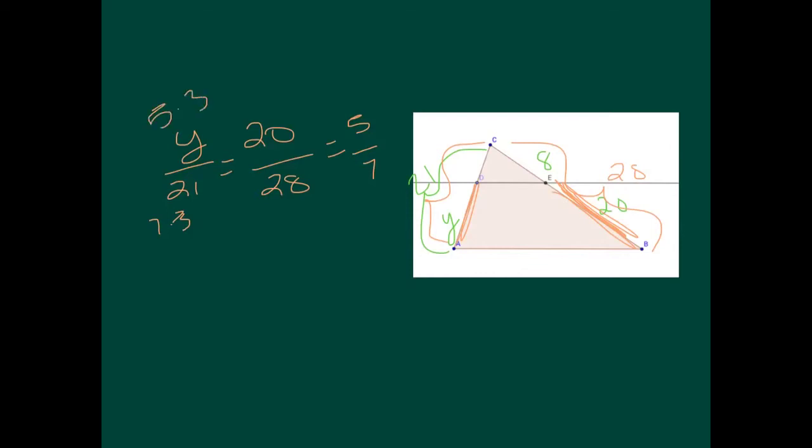First off, figure out that the whole side over here is 28, and then I have y over 21 is equal to, I need to use this corresponding part, 20 to 28. So then I can reduce. I know that this is 7 times 3, so we must have 5 times 3 over here. So y equals 15.